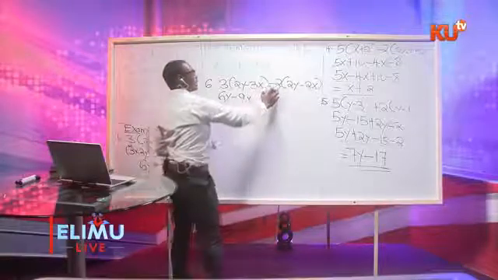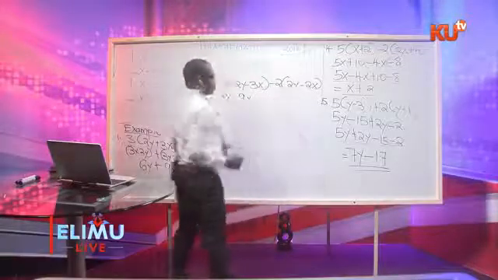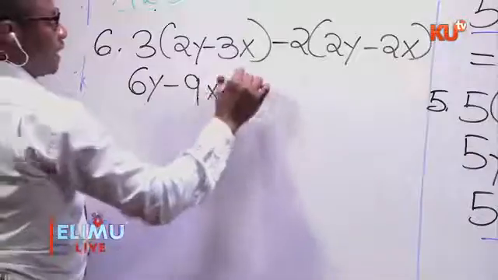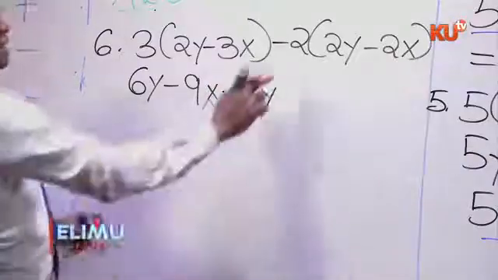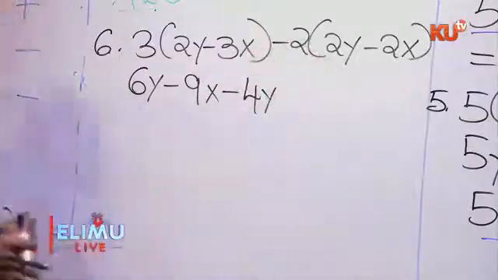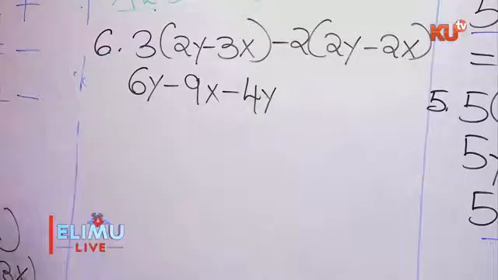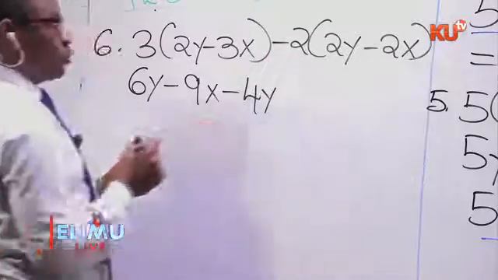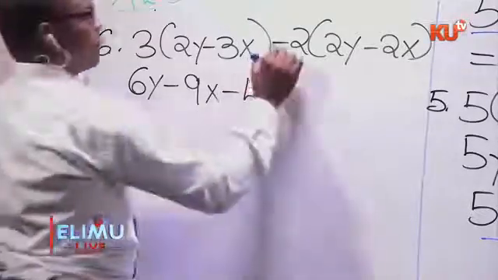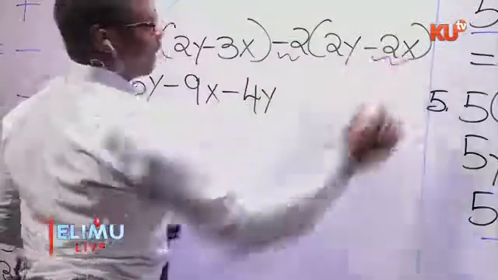So minus 2 times 2y, that is minus 4y. Remember, this is a minus and this is a plus. So we get minus 4y. Then we have minus 2, this one here, multiplied by minus 2x.